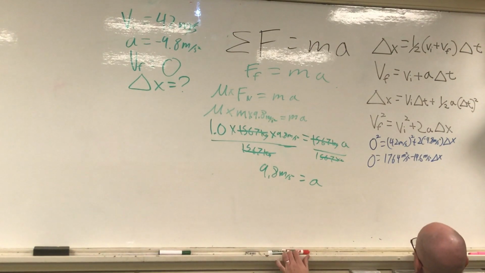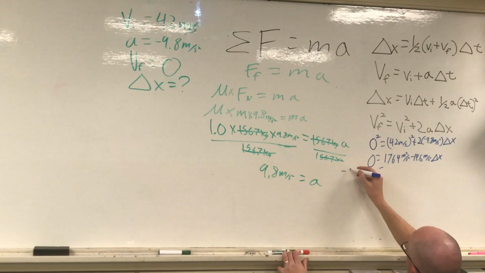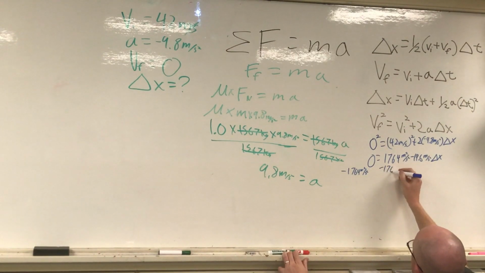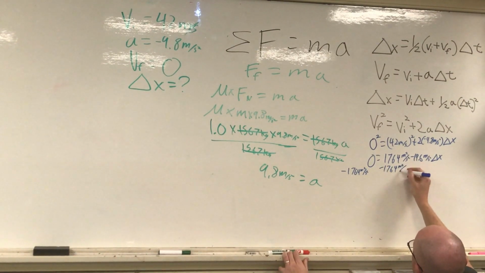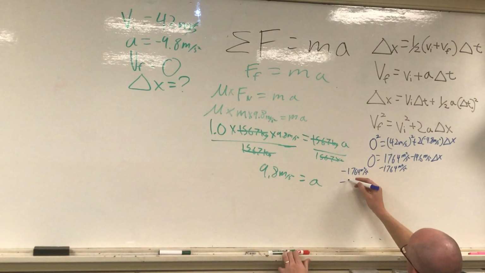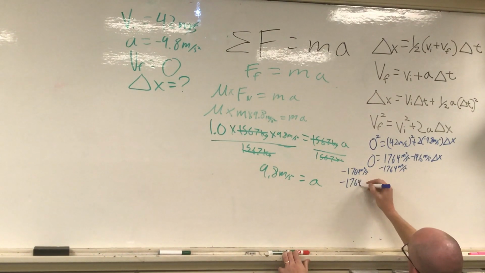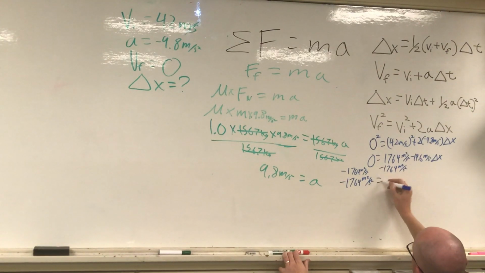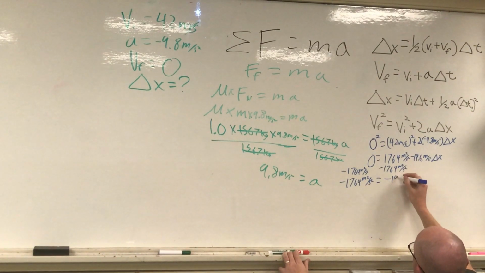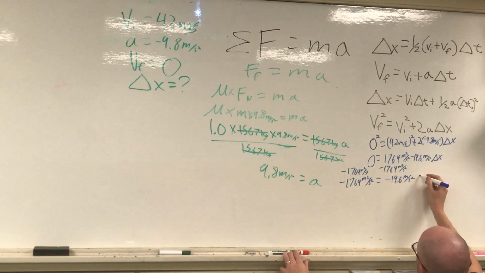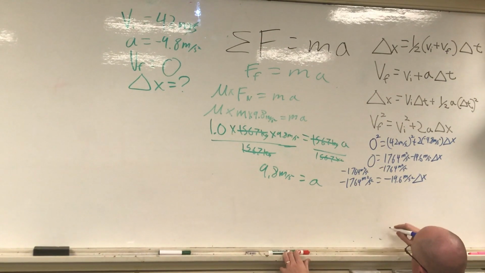All right, going further here, I can subtract 1,764 meters squared per second squared from both sides, and I end up with negative 1,764 meters squared per second squared is equal to negative 19.6 meters per second squared times delta x.